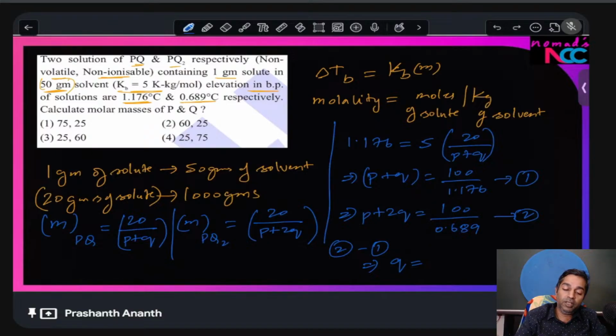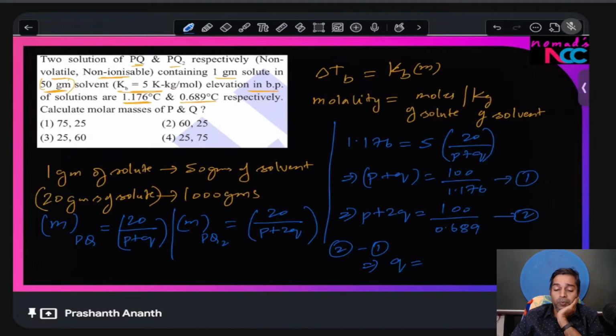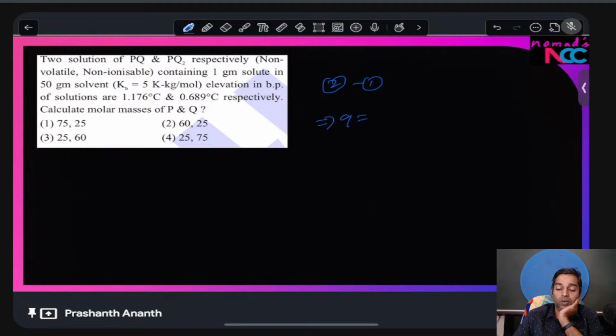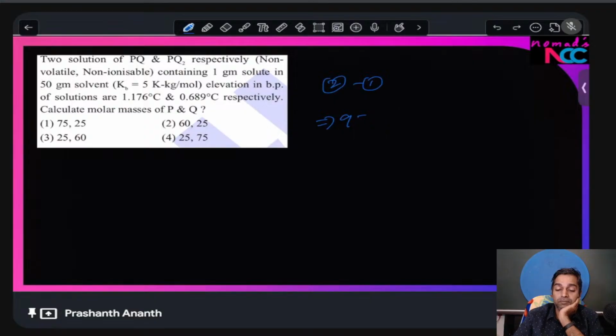So if I'm doing equation 2 minus equation 1, we end up getting Q being equal to 100 divided by 0.689 minus 100 by 1.176. So it's going to work out as 100 into 1 divided by 0.689 minus 1 divided by 1.176.